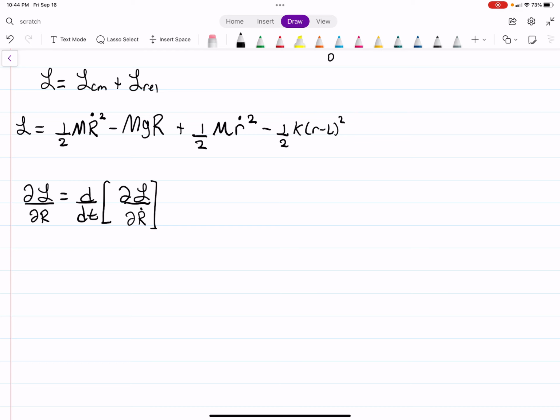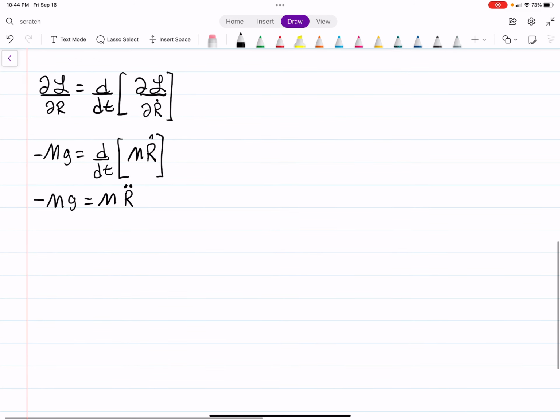There's only one R, so that's quite easy to take the derivative of. That's going to be minus M g. And we're going to be taking the time derivative. If we do the derivative of L with respect to R dot, that's only right there. That'll be M R dot. So you get minus M g equals M R double dot.